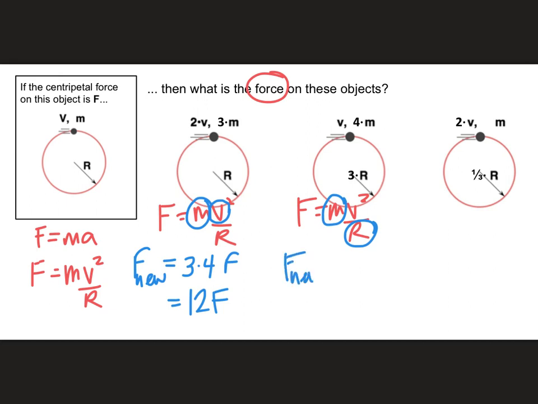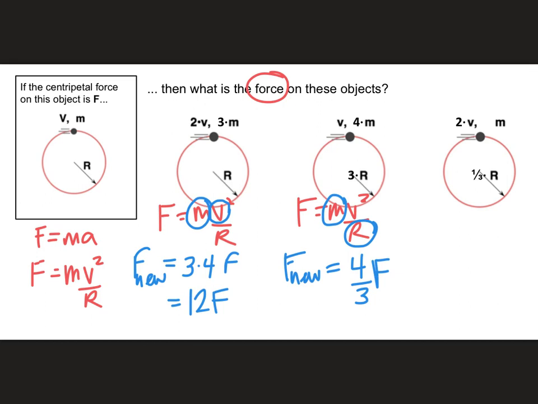My new force, so m changes by 4, that's on the top of the fraction. The v is not changing at all, so I can ignore that. And the r on the bottom is changing by a factor of 3. So I have 4 over 3 times my original force. My force would increase by a factor of 4/3.